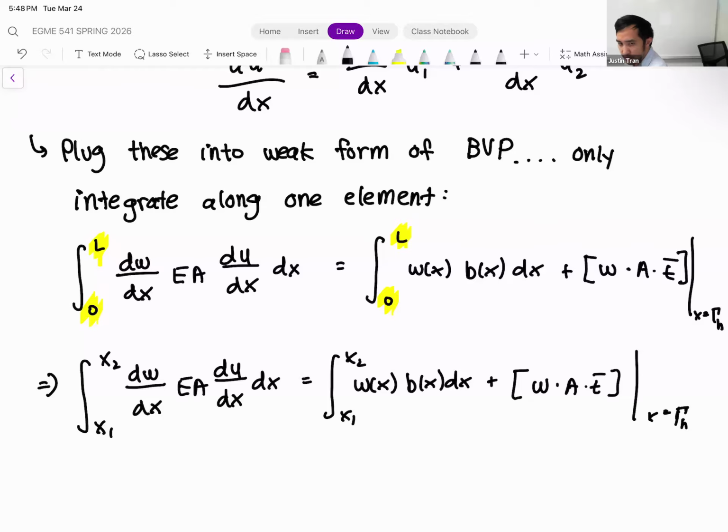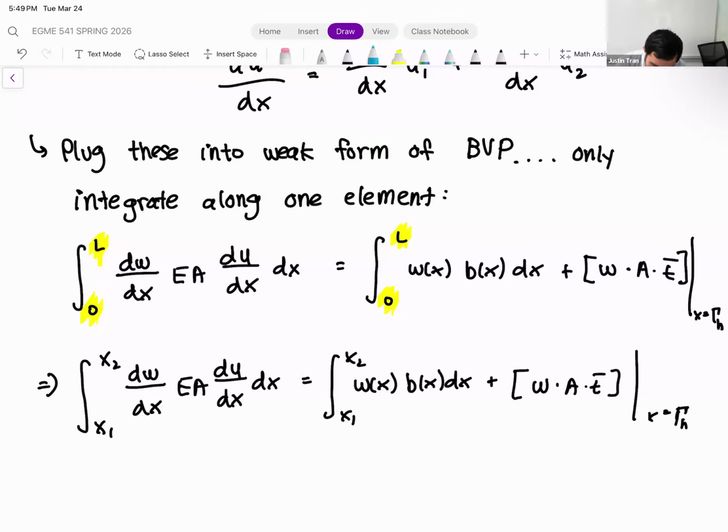So the reason we can do this is, we just want to focus on one element. But we can make use of the fact that our original weak form, you can consider, is breaking up this original integral into several different elemental integrals.